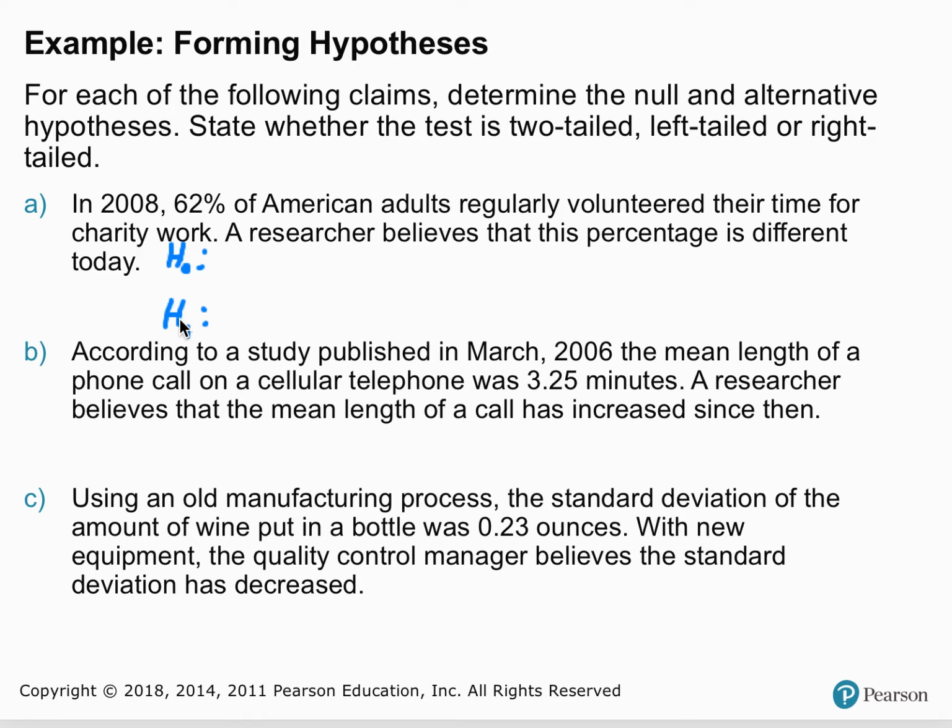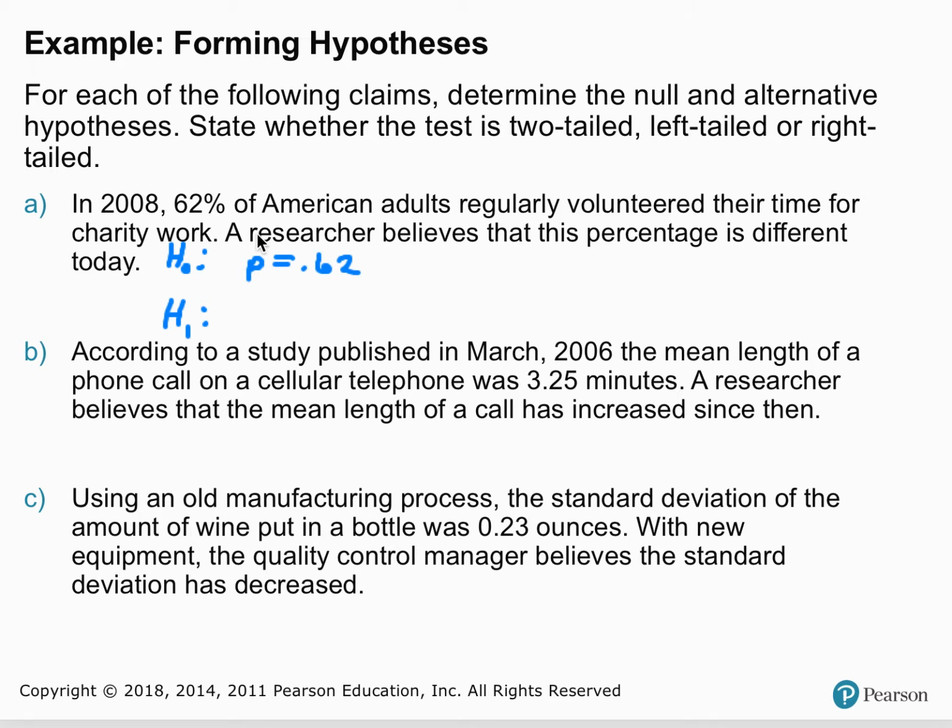Okay, so the hypothesis deals with a population proportion because it's just the percent of the population. Right? So I'm going to use p. Your null hypothesis is always where you currently stand with your data.